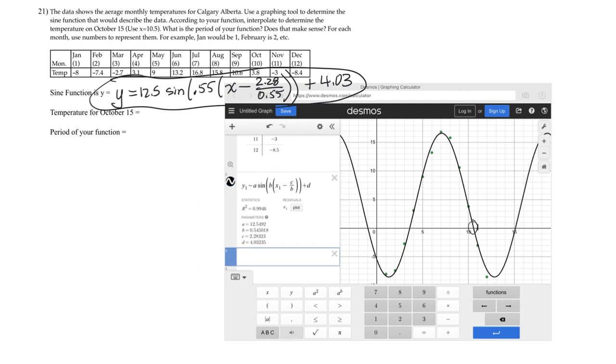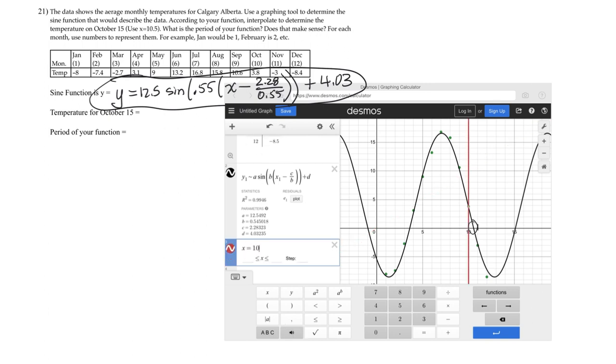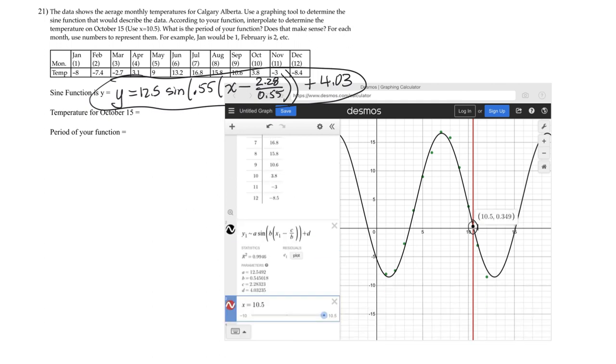So if I type x equals 0.5, you see that my line crosses there, and I can tap there to see what it is. So at 10.5, or October 15th, the temperature would be 0.349, so 0.349 degrees Celsius.